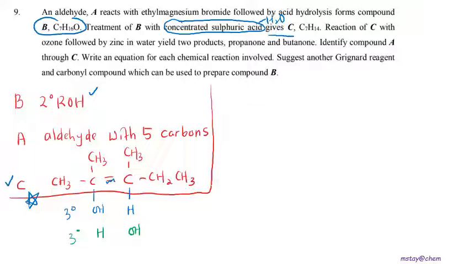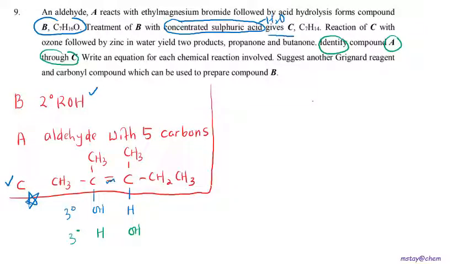So now we are going to produce a secondary alcohol, which means that when this secondary alcohol undergoes dehydration, there is rearrangement. Never mind, but don't forget our purpose is only to identify A through C.